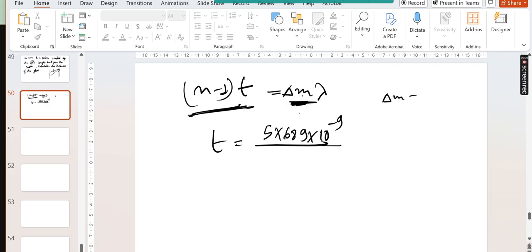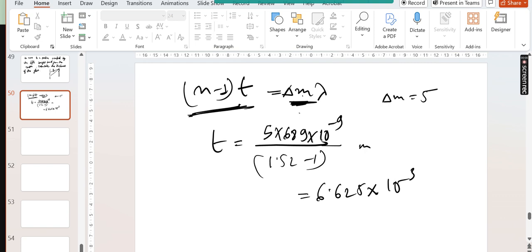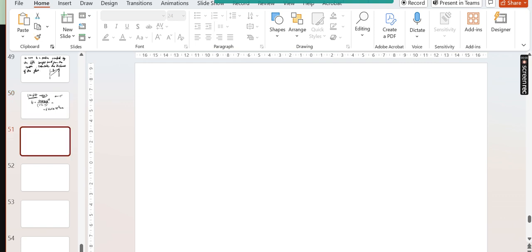So here delta m is equal to 5. Putting all these values in meters, the thickness is 6.625 into 10 to the power minus 3 millimeter. That is the answer.